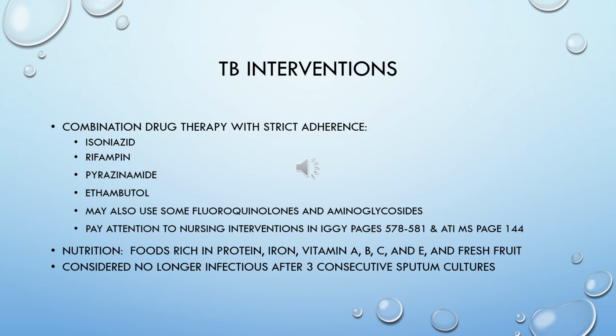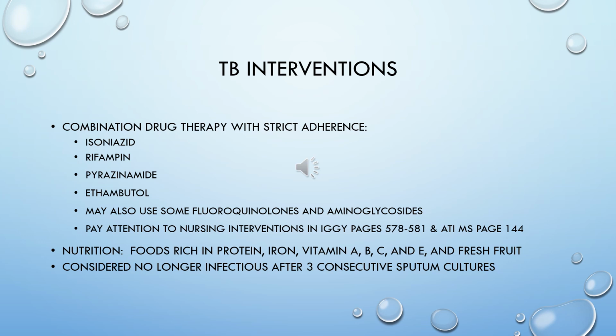Your book does a really great job on page 608 in chart 31.3, where it actually gives you these medications that you will see given to the patients and the nursing implications. I would tell you to know these. NCLEX loves to ask about rifampin and the fact that it turns the patient's urine orange. It's just one of those things that they want you to know.